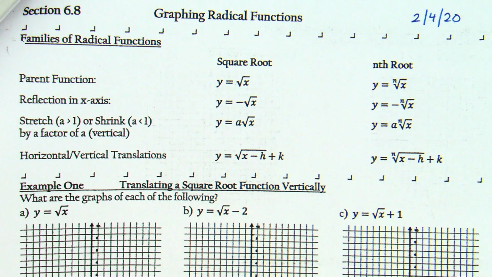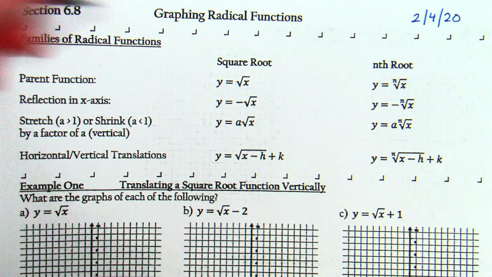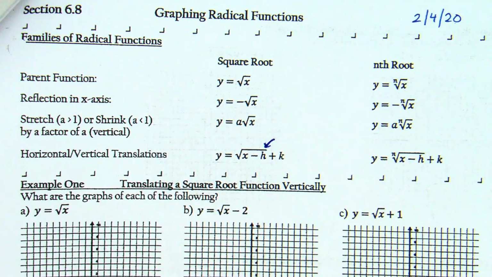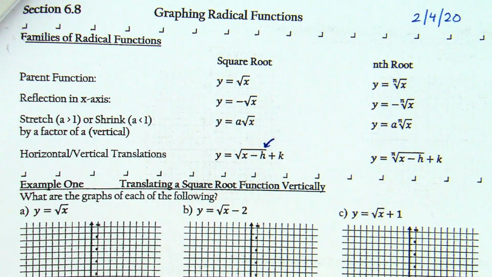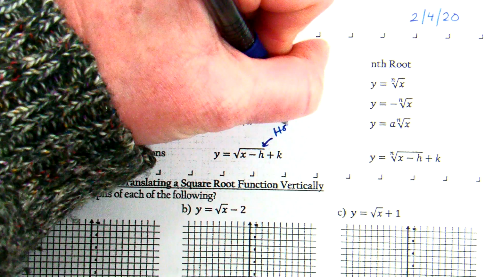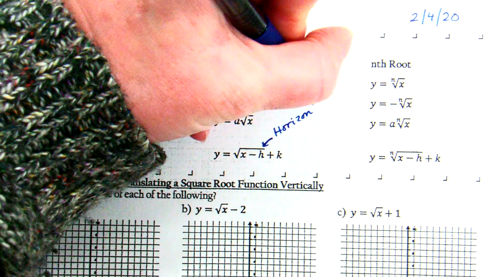So what's this h going to do here? If it was in parentheses, this one's in the square root, added or subtracted, what's that h going to do? Move it where? Left or right. Okay, so that h represents your horizontal movement.